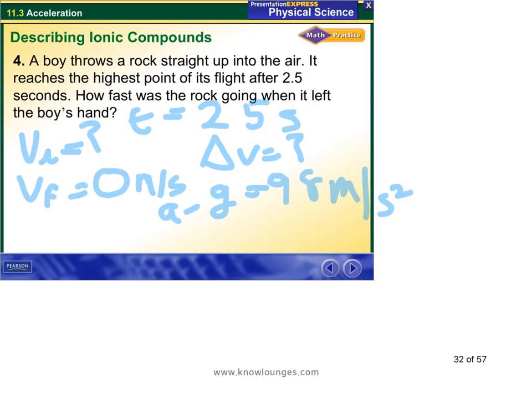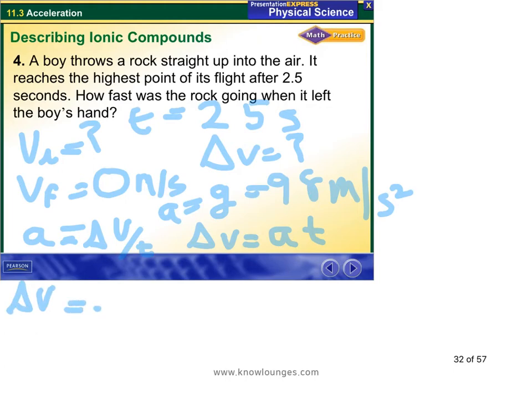That's actually our A. So again, we want to do A equals delta V over T, meaning delta V equals A times T. So delta V equals 9.8 meters per second squared times 2.5 seconds.